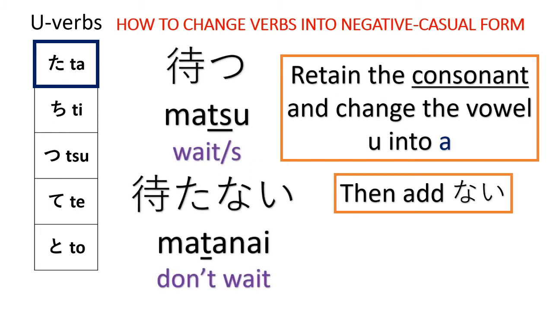Matsu, to wait. Or I wait, he waits. In this case, because it is tsu, we change it to t. In the hiragana ladder, we just go up to ta. So, matsu, matanai. Don't wait.